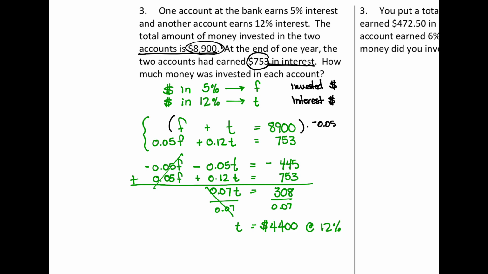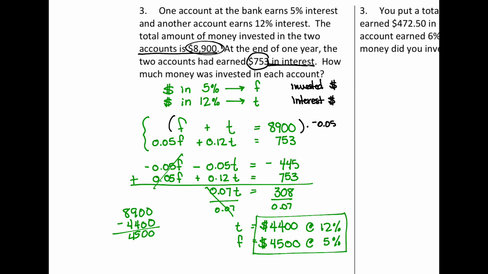To get the amount at 5%, we know the total amount of money that we put in was 8,900, and we've already used 4,400, so we have 4,500 left for the other account. There you go.